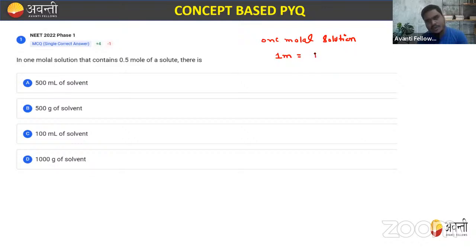Right, 1 molal means 1 mole in 1000 gram of solvent. So this is the basic definition of 1 molal. Similarly, 1 molar is equal to 1 mole in 1000 ml of the solution, right? So these two differ in terms of volume of solution and mass of the solvent. So 1 molal solution means 1 mole in 1000 gram of the solvent.